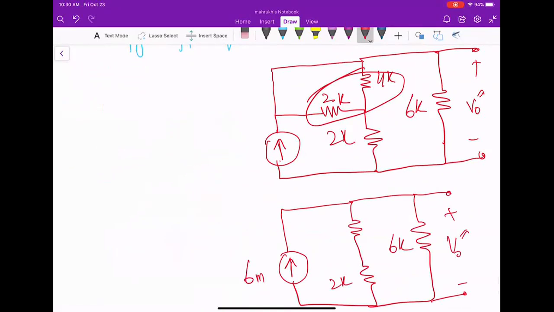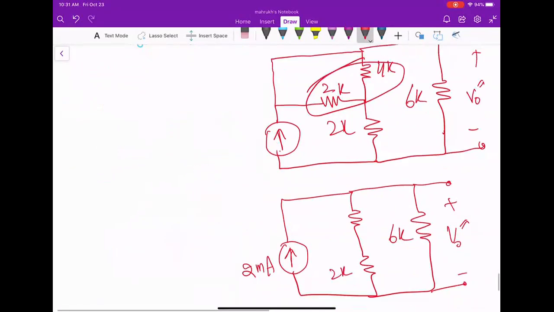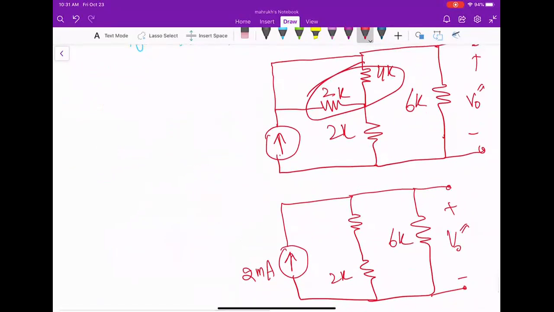Is it 6 or 2 milliamps? Two milliamps, okay? So my R equivalent here is, you can use any method to simplify your circuit, okay? To find V naught dash or V naught double dash, it's up to you.